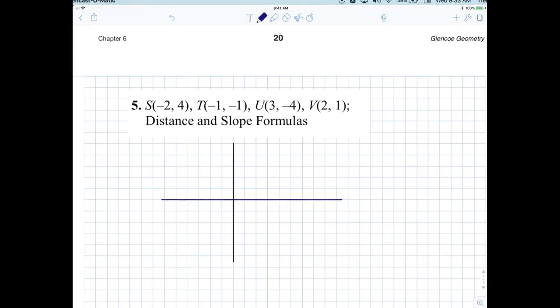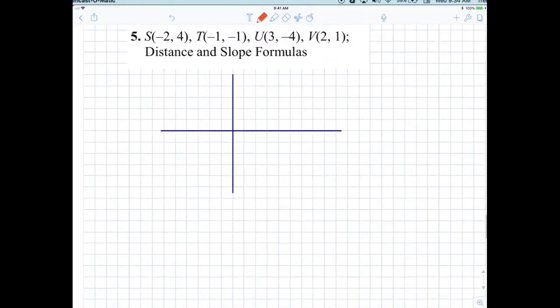If I graph this right here: -2, 4; -1, -1; 3, 1; 2, 3; -4, 2, 1. Right there. Personally, sometimes I feel like if you graph it, it's just much easier to do, honestly.